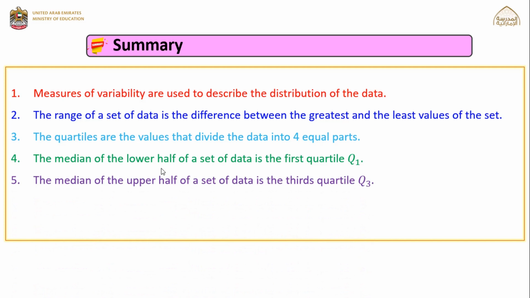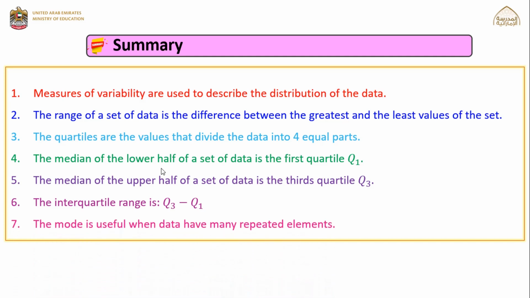The median of the upper half is the third quartile, Q3. The interquartile range is Q3 minus Q1, the difference between the third quartile and the first quartile. The mode is useful when data have many repeated elements.